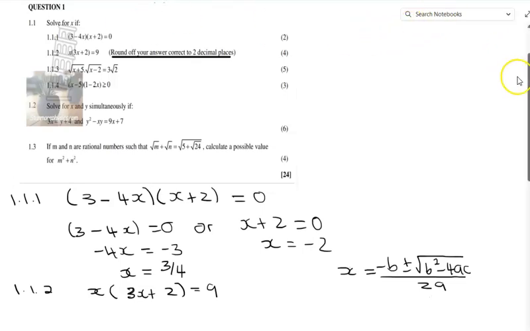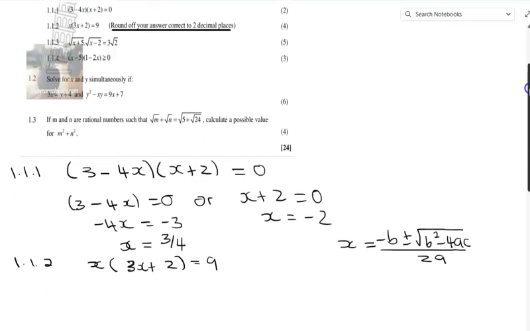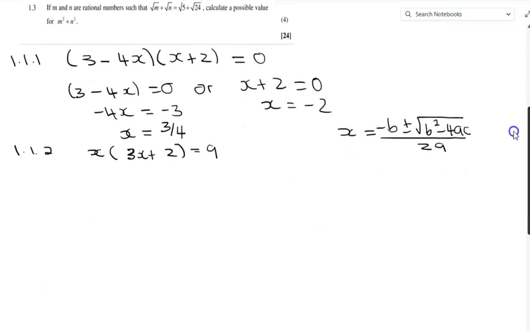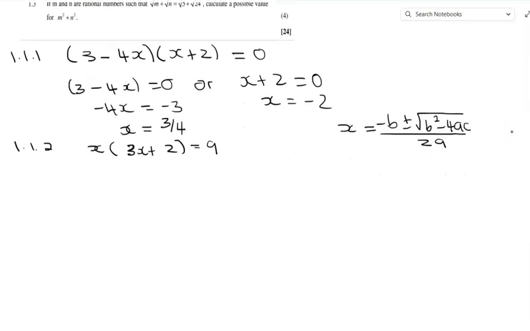But before we can solve the equation, we need to do some simplification. So here we're going to have 3x squared plus 2x minus 9 is equal to 0.